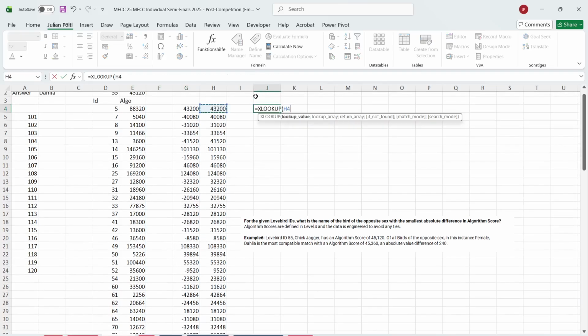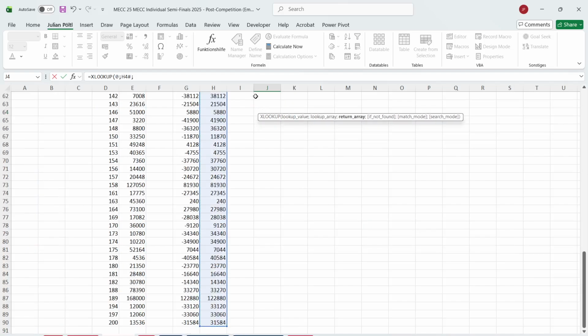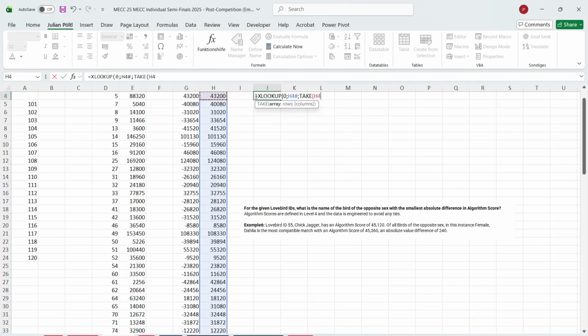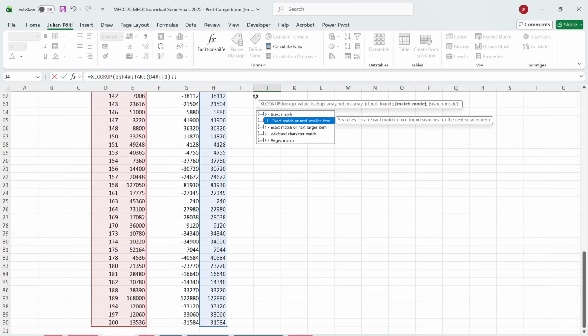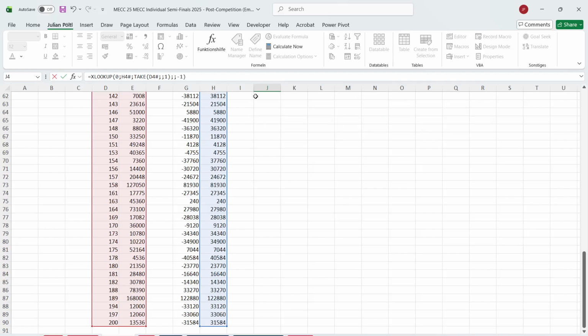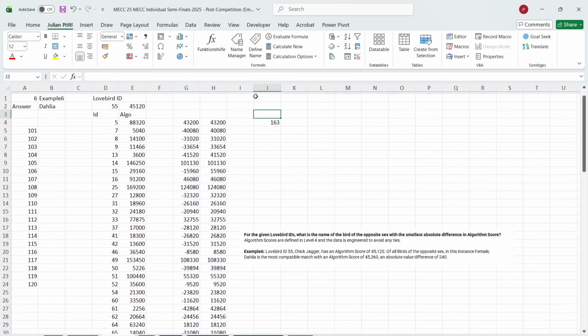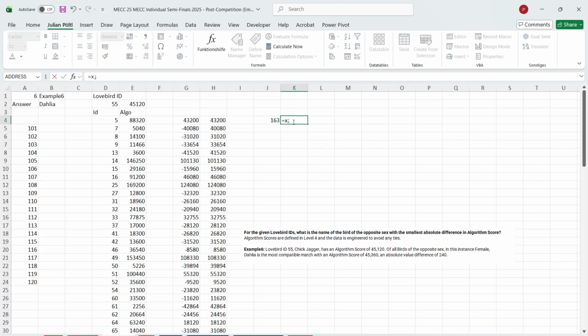So XLOOKUP 0 in here returning take first column, match mode exact match or next smaller item, next larger item. 163, and then we want to have the name.